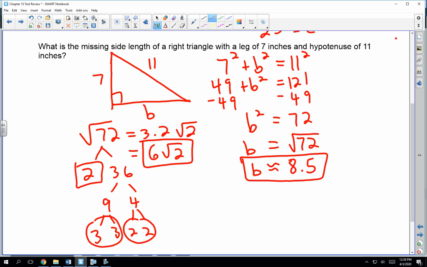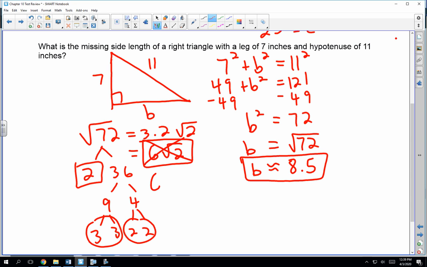And so when you were doing these problems, we hadn't yet learned how to simplify. If you remember, the Pythagorean theorem came before the section on simplifying radicals, and so we were not doing it this way. And so you'll be asked to do it just in decimal form on these Pythagorean theorem problems, but I wanted to show you that it does apply. Simplifying radicals, this is how we use it in geometry.